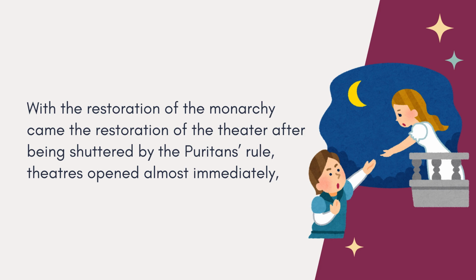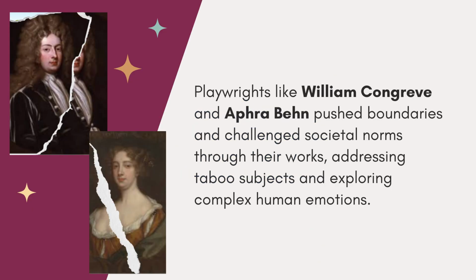Playwrights like William Congreve and Aphra Behn pushed boundaries and challenged societal norms through their works, addressing taboo subjects and exploring complex human ideas. Of course, the playwrights and writers now had the freedom, or were very liberated, to explore new ideas and address taboo subjects like sexual topics.